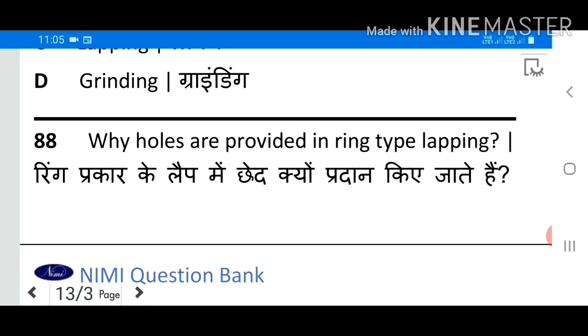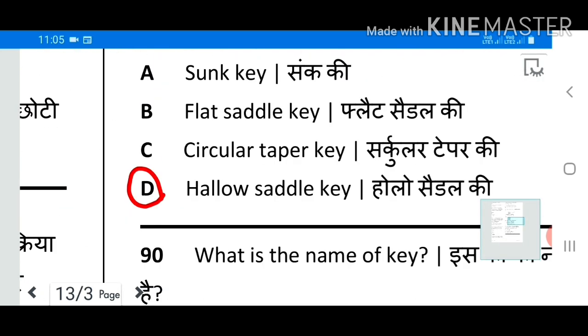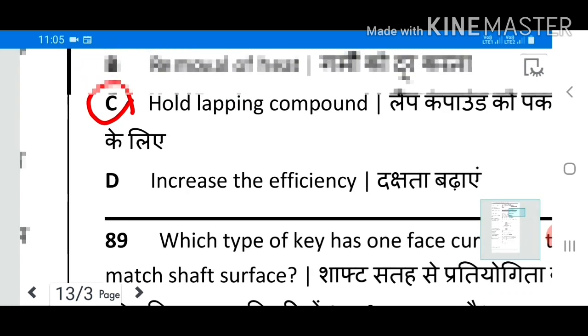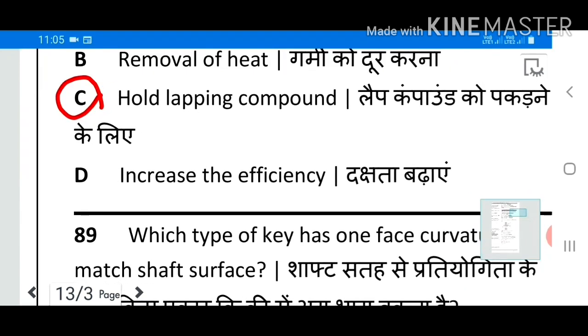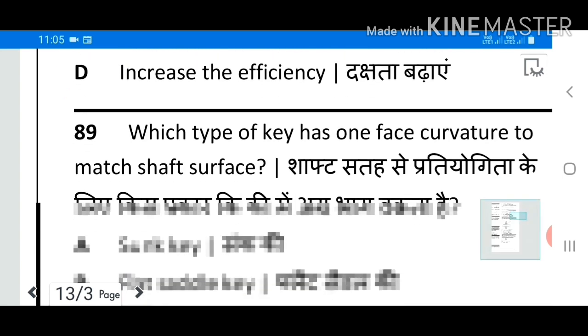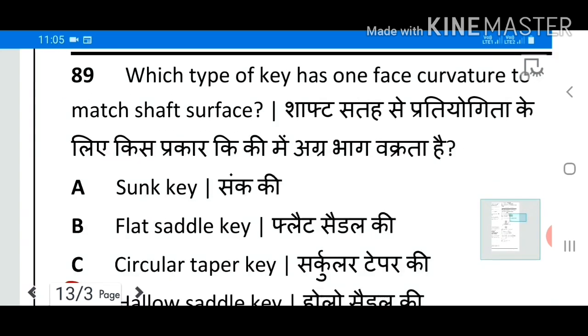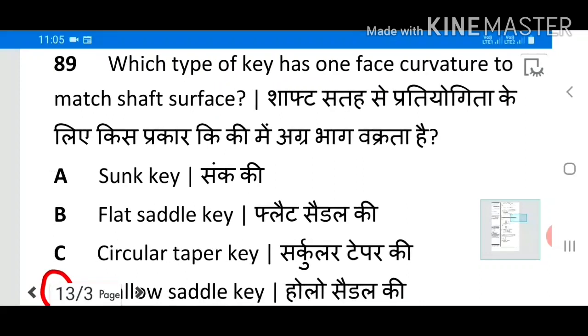88. Why are holes provided in a ring type lap? Answer C. Hold lapping compound. 89.